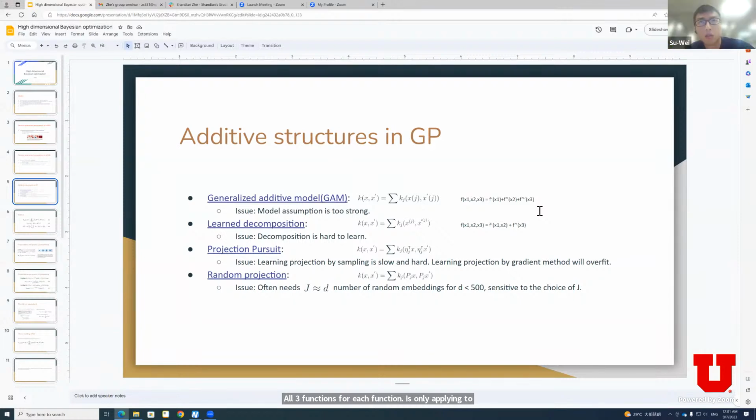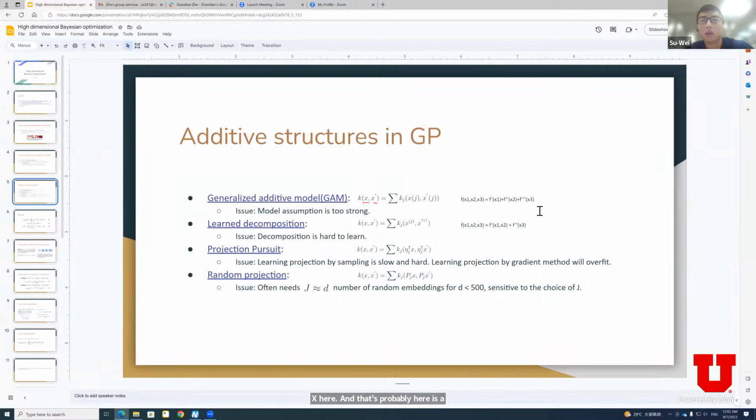Okay, so it's like they decompose the kernel function in this form. Yeah, if you decompose the kernel function in this additive form, like k(x, x'), remember x here and this x prime here is a vector.